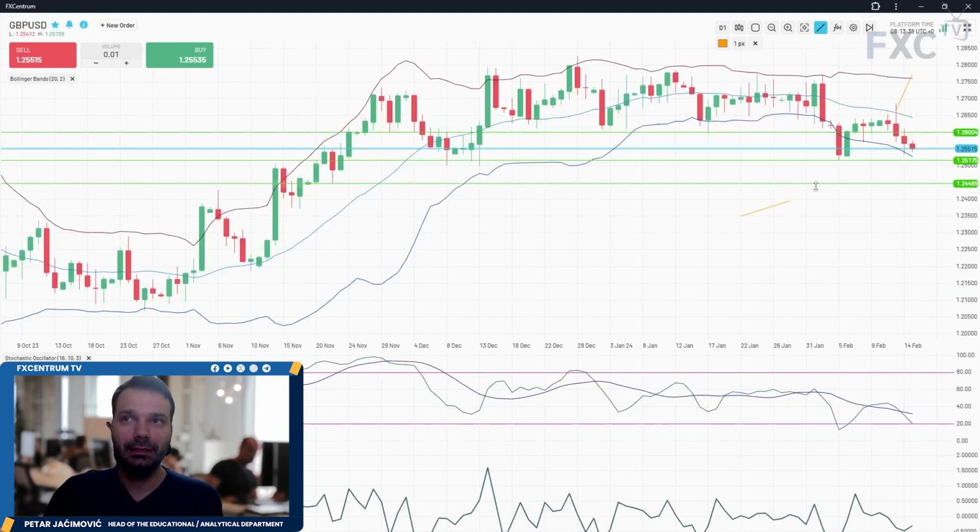And the level at 1.2517, 1.2520, we didn't test that previous swing low, and we can see here there is still a chance for lower prices in the next period on the pound dollar. The next objective can be, as I said, 1.2517 and then the 1.2450 mark.